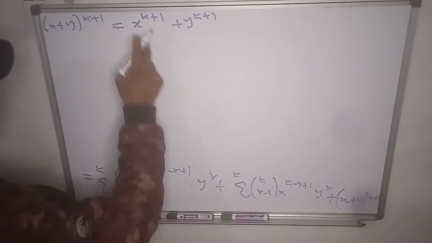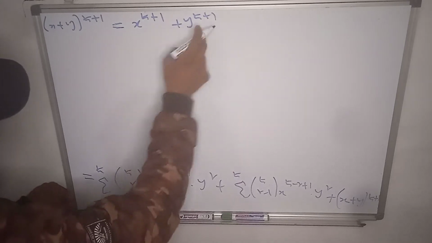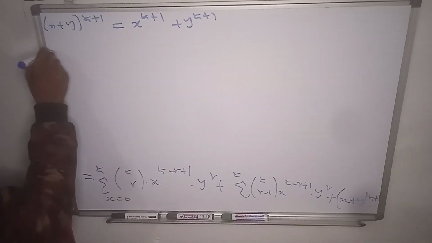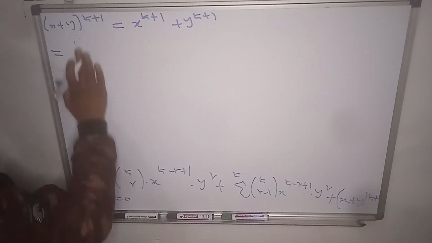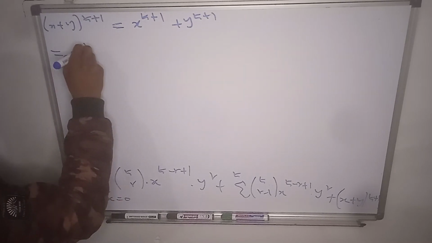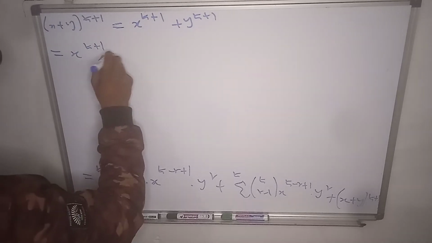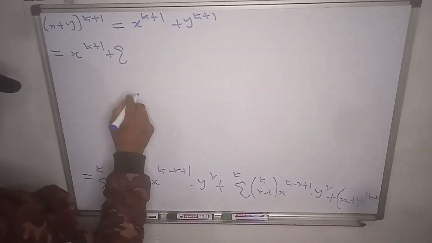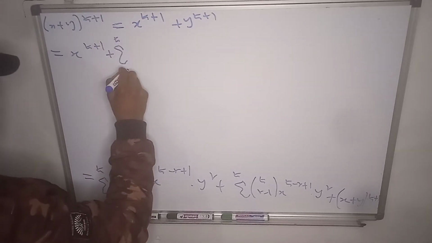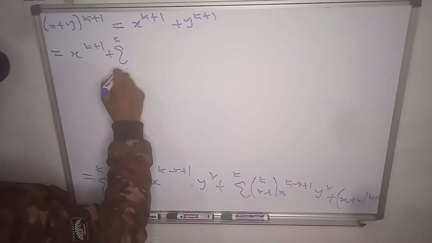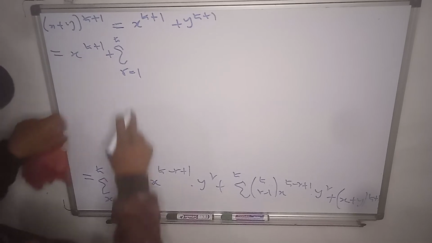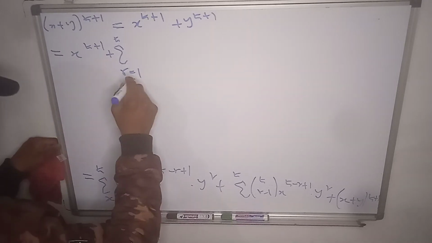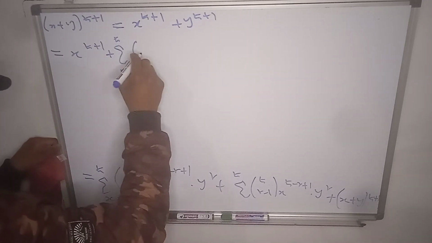So I can just add this on the summation of x and this one on the summation of y, which will be the same as the summation of, or let me just start by adding it now. x^(k+1) plus the summation of k combination r. R will approach 1 this time. Since 1 is added here, it means that our r right now will approach 1.